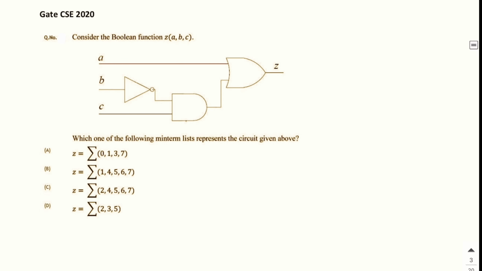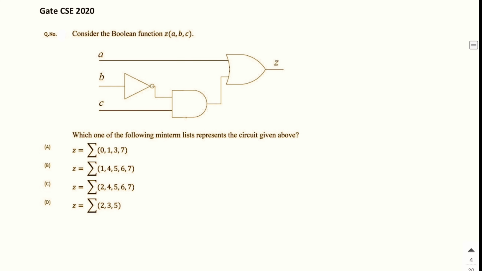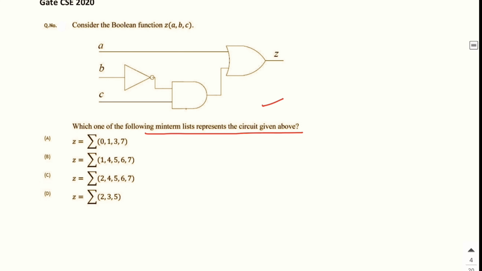Now we have a question related to logic gates. It is saying that we have to consider a Boolean function that is z of a, b and c. So this is the diagram given to us for the entire implementation, and we have to choose among this list which of the following min terms will represent the circuit. In order to do this question, first we should find an expression for z in terms of the logic gates.